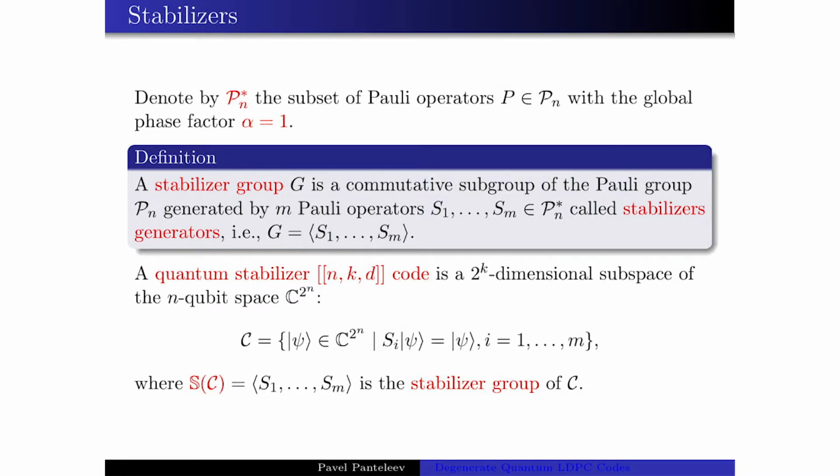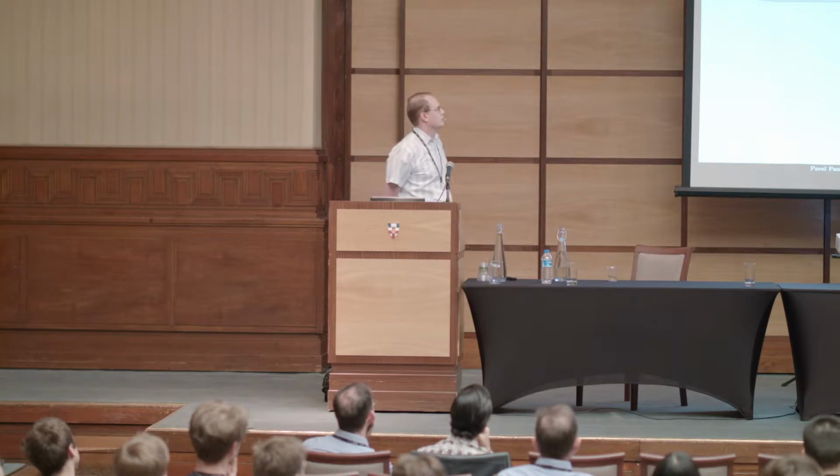And the quantum stabilizer code is just a 2^K dimensional subspace of the n-qubit space. The group that is generated by these stabilizers is called the stabilizer group. I suppose that everyone knows these definitions. We interpret the elements of Pn star as elementary errors, and we call them Pauli errors, and they corrupt the n-qubit state.